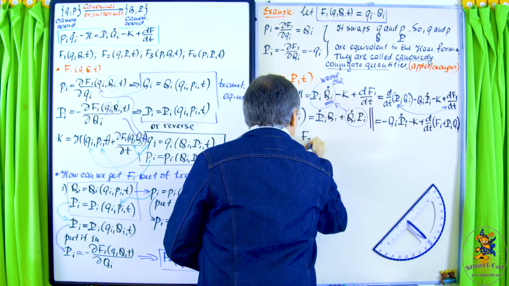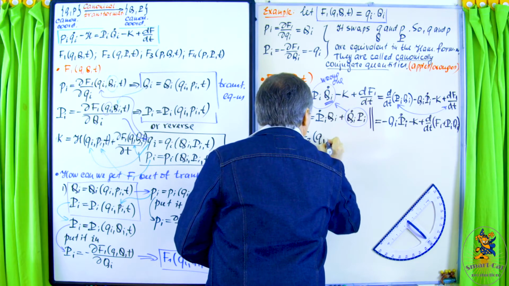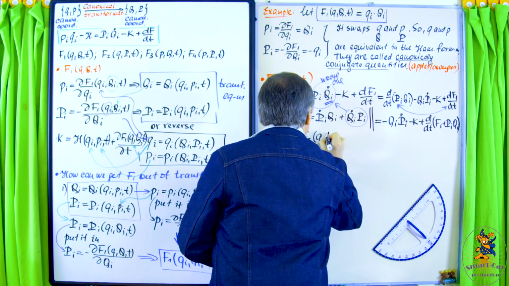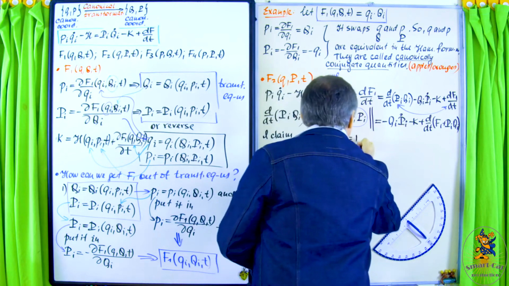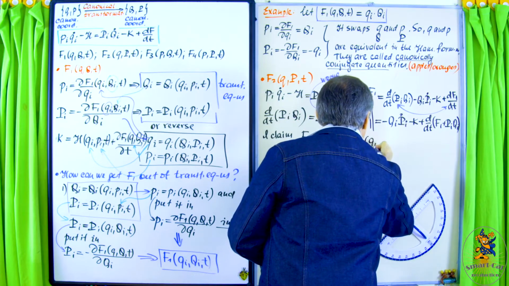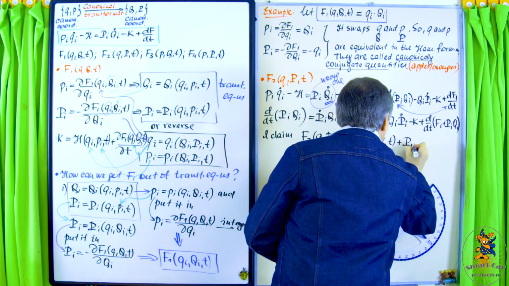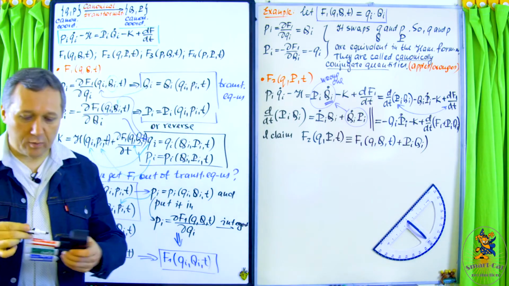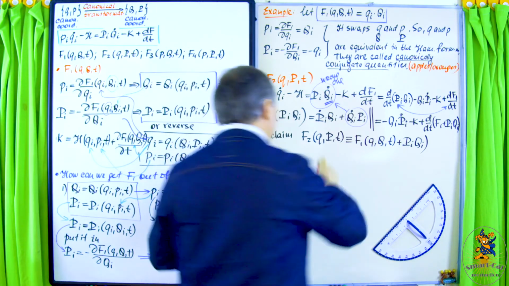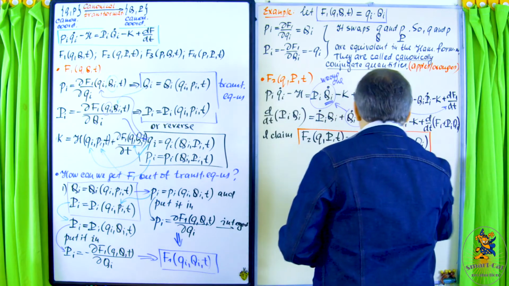So f2, which is a function of q small, P capital and t, equals f1, which is a function of q small, Q capital and t, plus P Q. That's how I introduce function f2. Okay, I will frame it because I know it's correct.